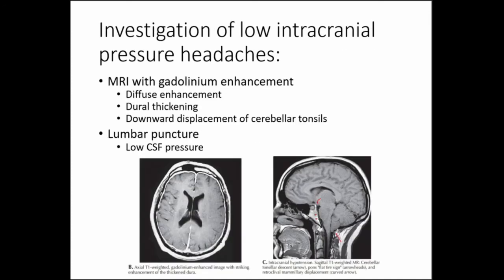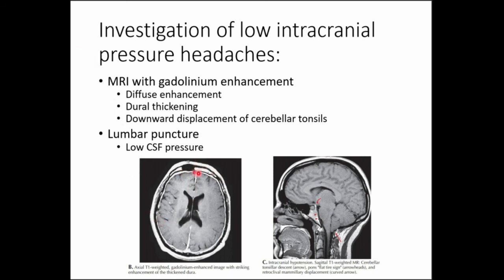And so for patients with low intracranial pressure headaches, the investigations you'd want to do are, again, similar to the other headaches: history, examination and bloods. However, with regards to neuroimaging, it's quite important to do gadolinium enhancement, as this can help to identify thickening of the dura secondary to the low intracranial pressure, as shown in these diagrams.